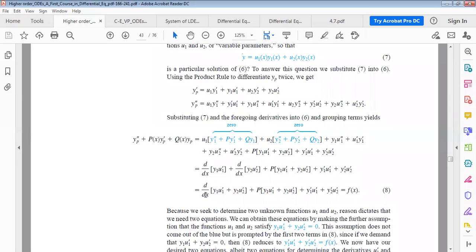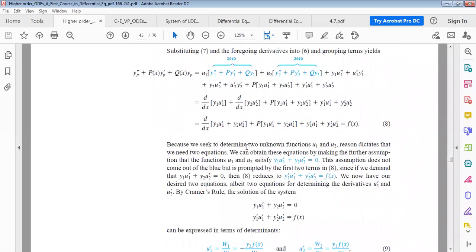So d/dx can be taken common, p into this and q into this equals f(x). So from equation number 8, u1 and u2 will be satisfied if this equals 0, and y1 u1' plus y2 u2' equals 0. So it reduces to this being 0 and this being 0.